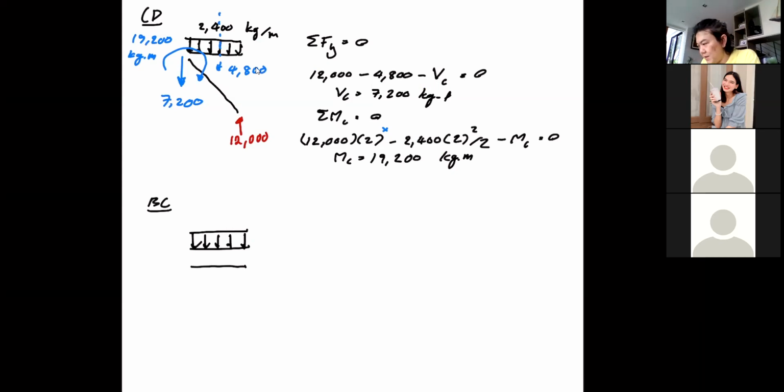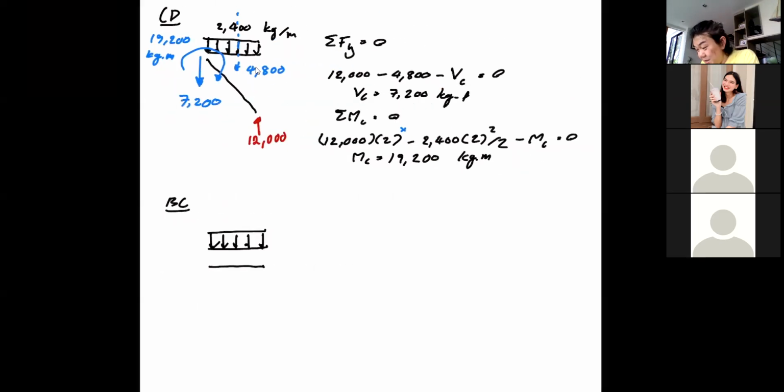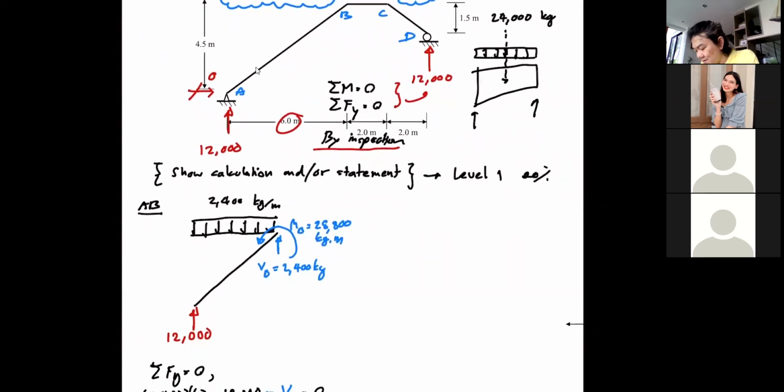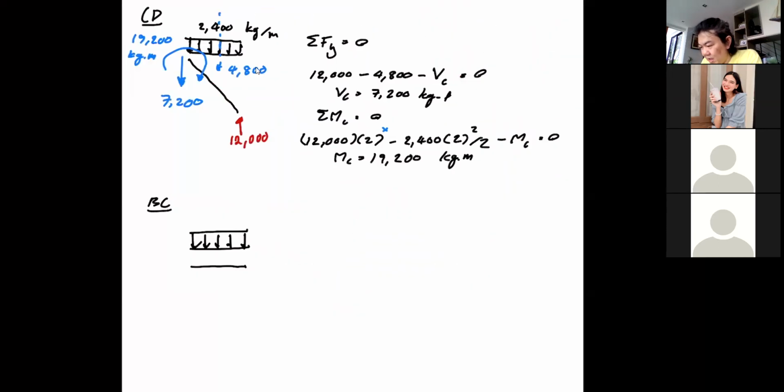So from member AB, we have upward 2400 and then a counterclockwise moment, so we are going to have the clockwise moment here, 28800, and a downward reaction of 2400. Okay, this is from member AB.